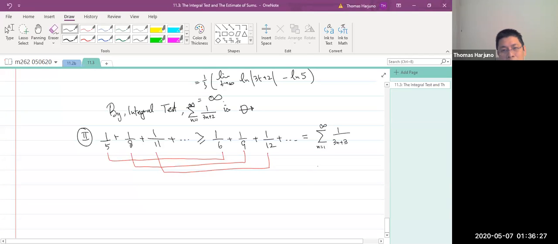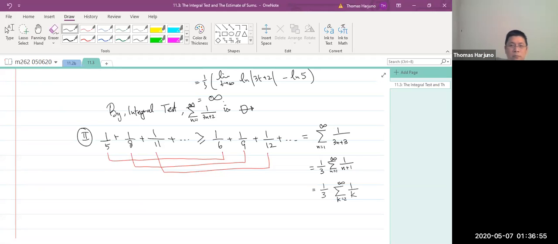I will factor the 3 out, and this looks like the following: imagine I make it k equals 2 to infinity of 1 over k. See the way I play with my notation.